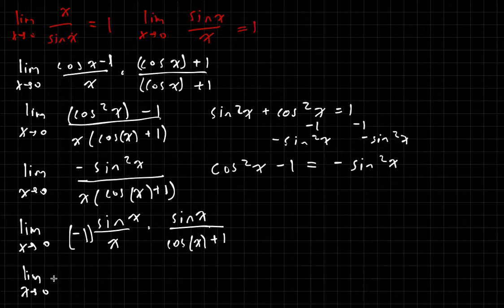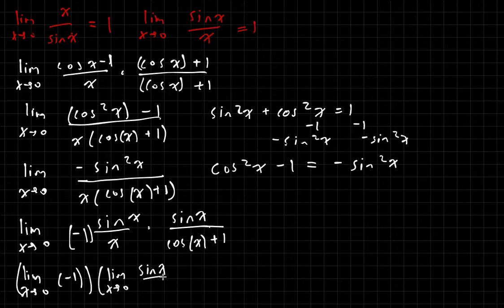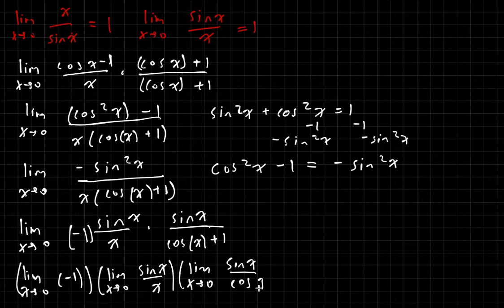So we can just rewrite this as the limit as x approaches 0 for negative 1 times the limit as x approaches 0 for sine x over x times the limit as x approaches 0 for sine x over cosine x plus 1, right?